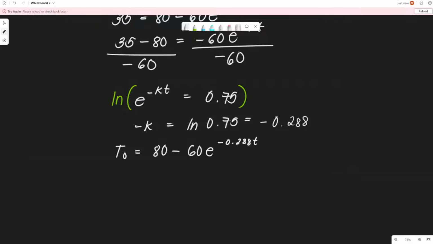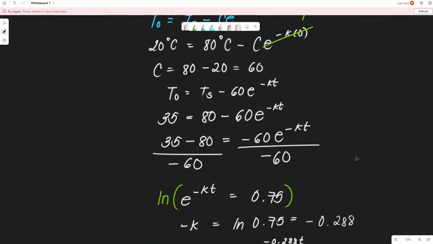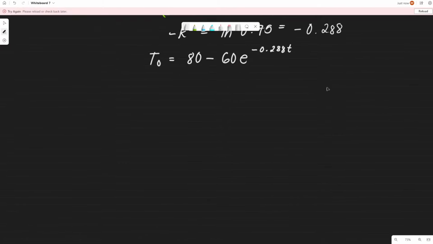So, what is being asked? What is the temperature after 3 hours? Just substituting 3 to small t, T sub O is equal to 80 minus 60 e raised to negative 0.288 times 3.